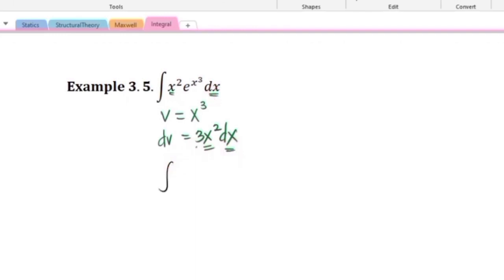So the integral of x squared e raised to x cubed dx, kung i-rearrange natin siya, we have e raised to x cubed x squared dx. Now, magmo-multiply tayo ng 3 para derivative na ng exponent natin yung expression na to.